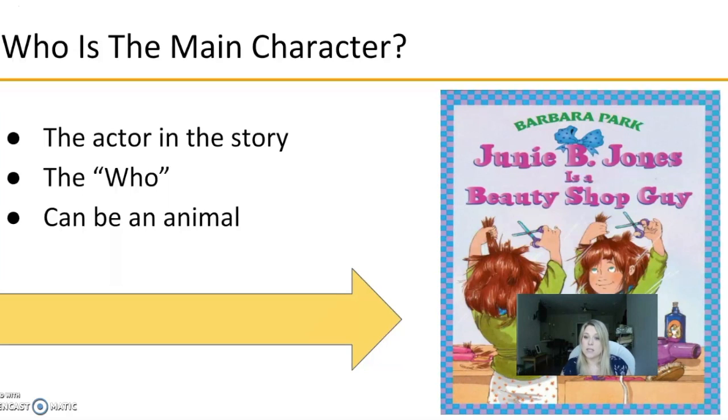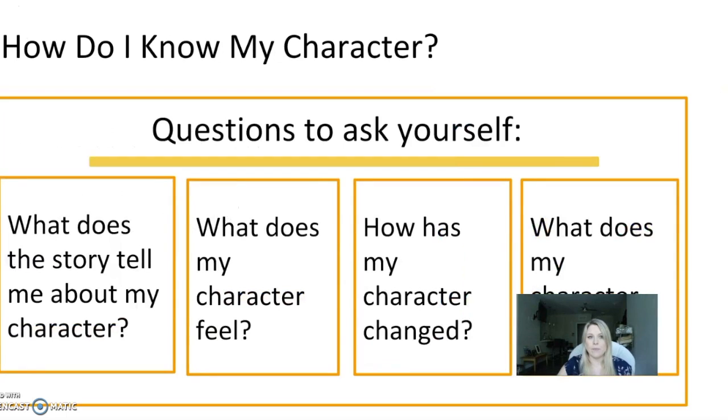All of the stories in the Junie B. Jones series are about Junie B. Jones. In one story, she misses her bus. In one story, she opens a beauty shop. So all of the stories in this series are about her. So I think it's safe to say that she is our main character throughout her series.